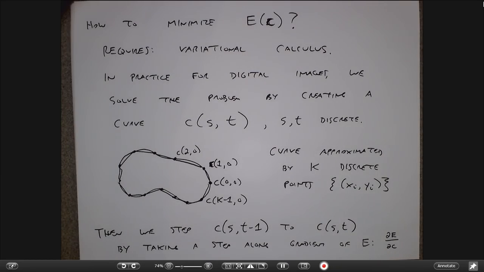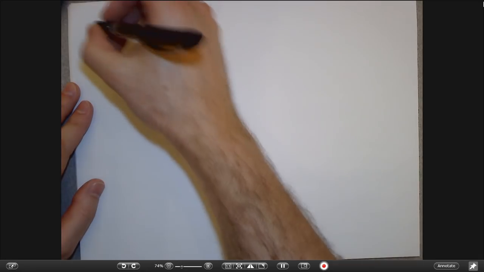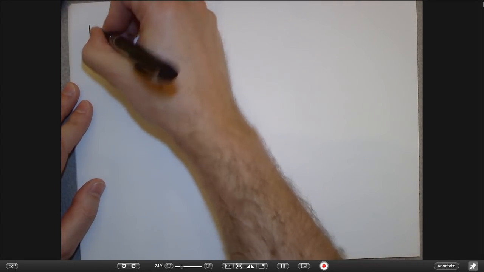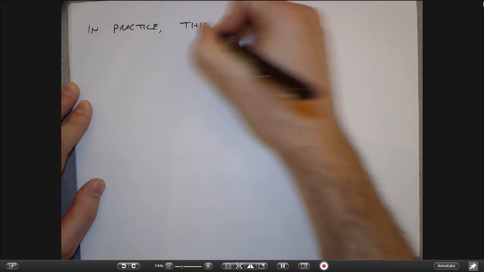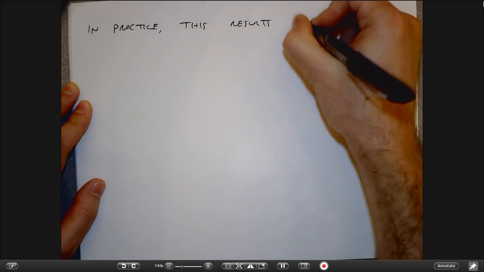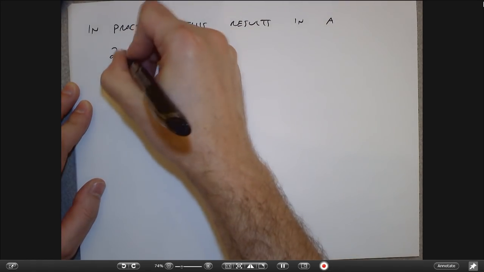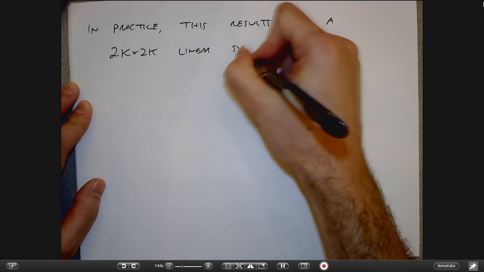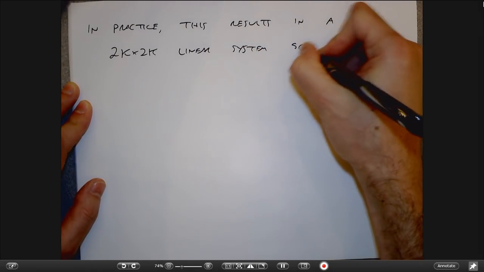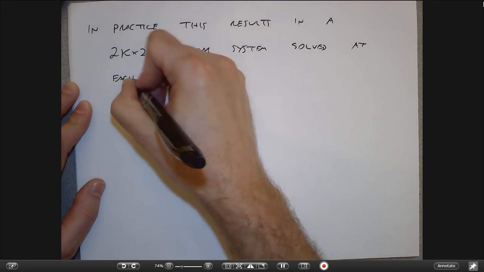But I'm not going to talk about this too much. Let me just say directly that in practice, this results in a 2k by 2k linear system solved at each step, at each iteration.